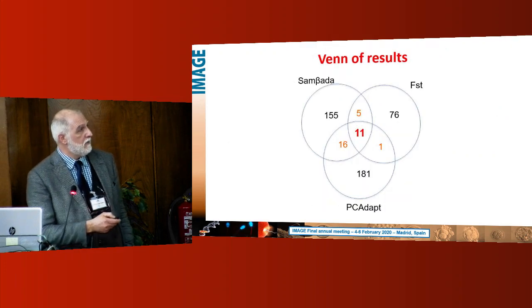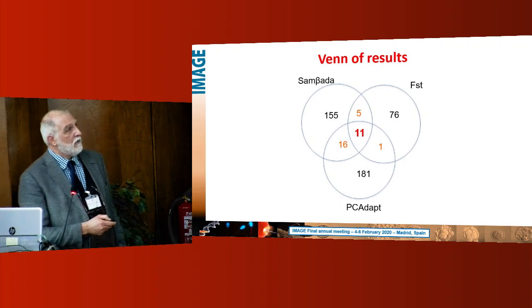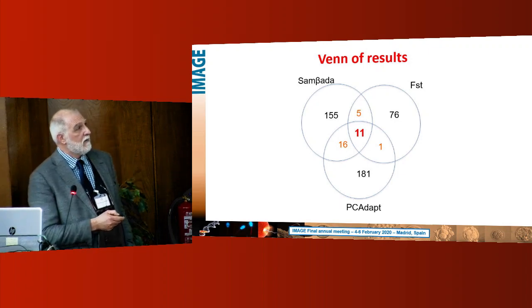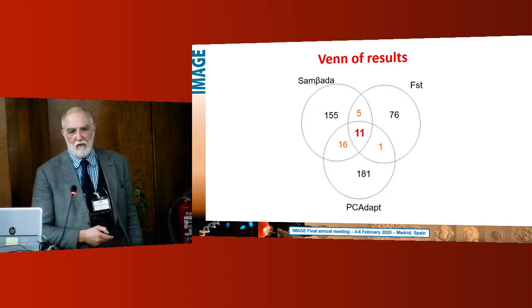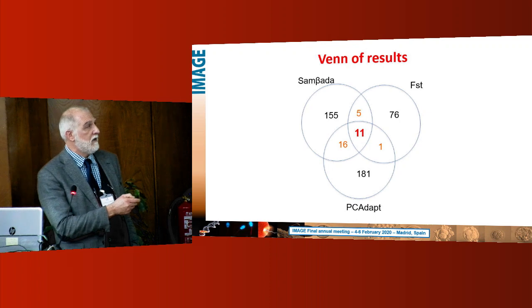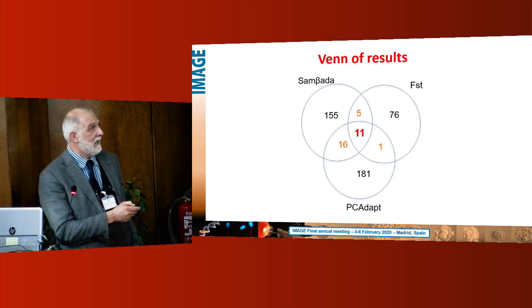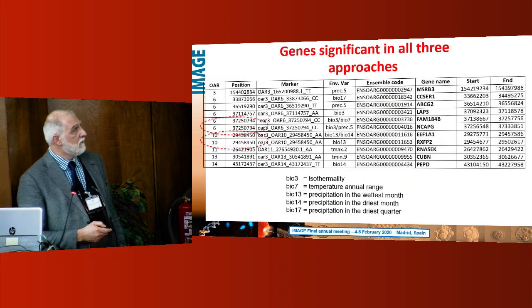Then we put together all the data, and we found basically quite a low number of genes to concentrate on. So 11 were confirmed by all of them, and 16 and 5 were identified in some of the data and at least in one other approach.